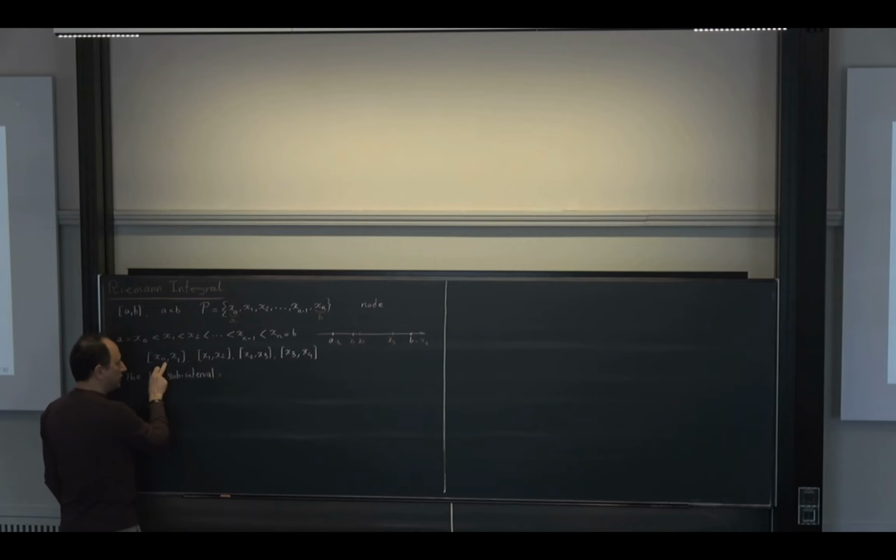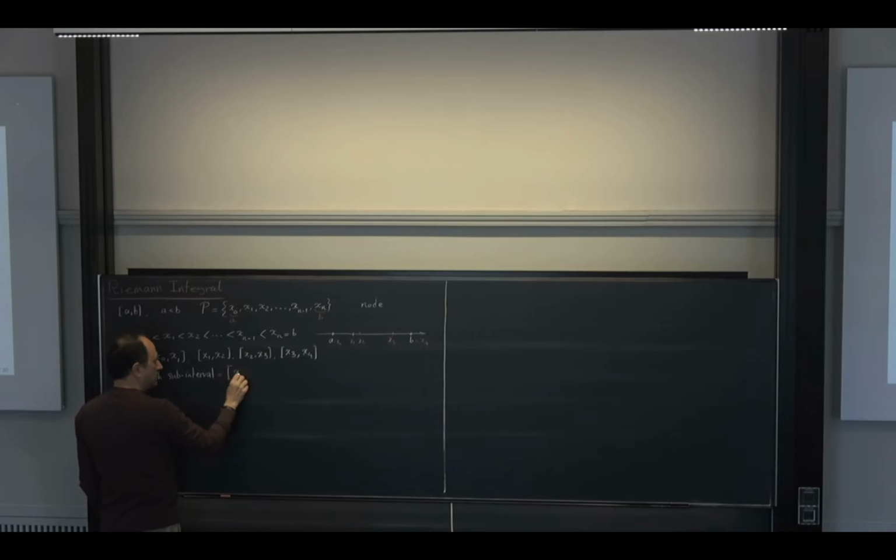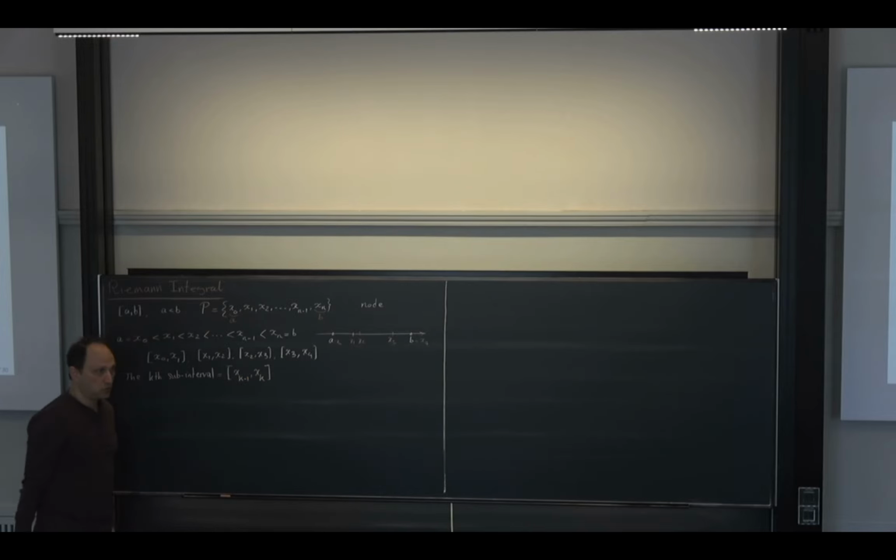This is the first, from 0 to 1. This is the second, from 1 to 2. This is the third, from 2 to 3. So the kth one is this subinterval. Yes? So when I say the kth, remember the index of the left one is 1 unit less, and the index of the right one is exactly this k.